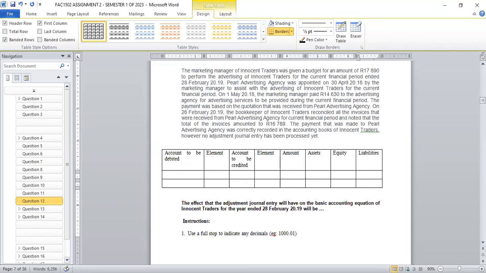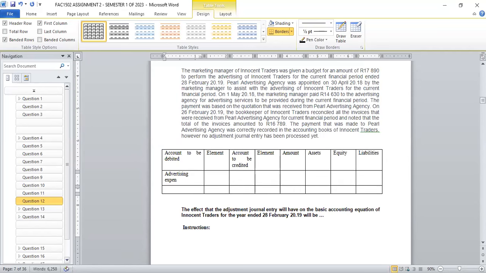Right. If you owe for an expense, you have to increase your expenses. So the account to be debited is advertising. Expenses. And the element, this is an expense. Remember our 5 elements, which is assets, liability, income, expenses, and equity. Then account to be credited.